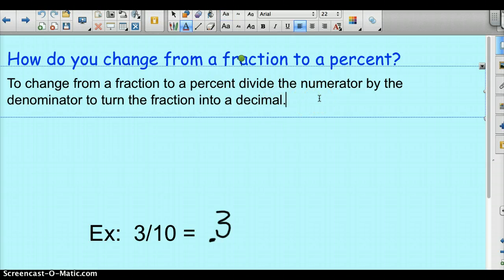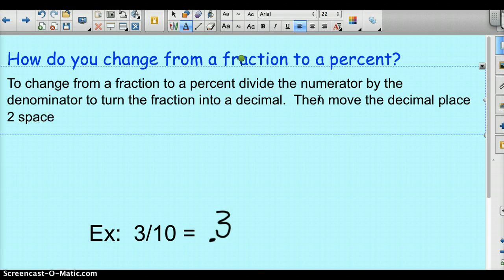Well, once we get into a decimal, then we move the decimal place 2 spaces to the right. This turns it from a decimal to a percent.